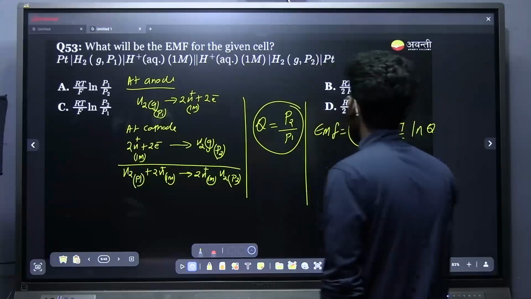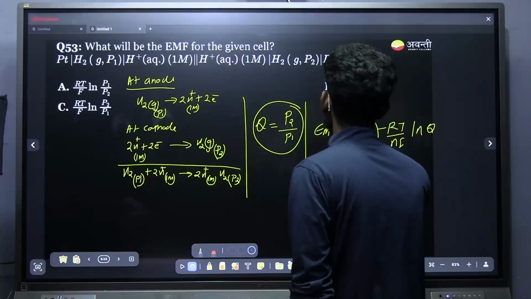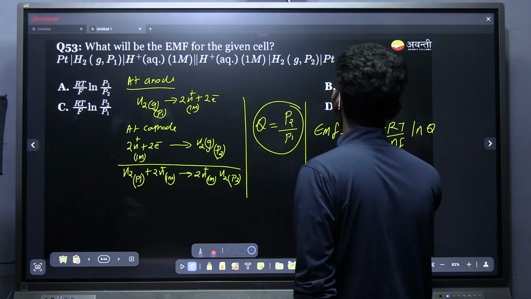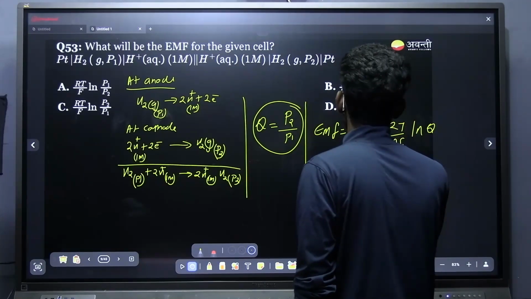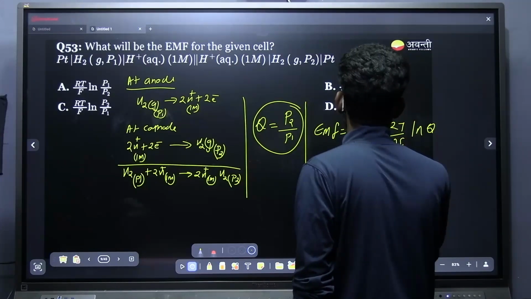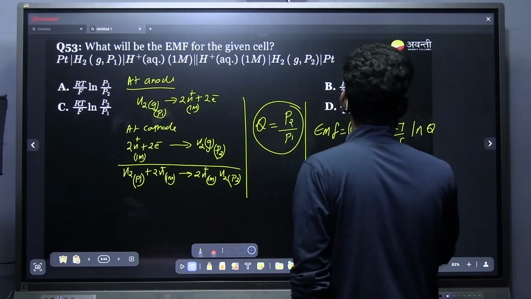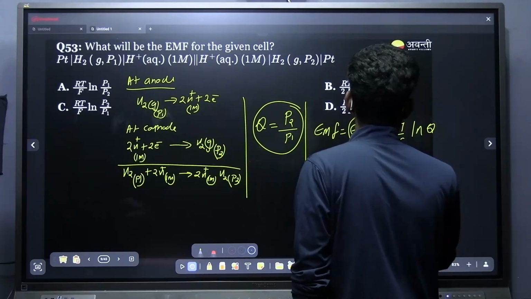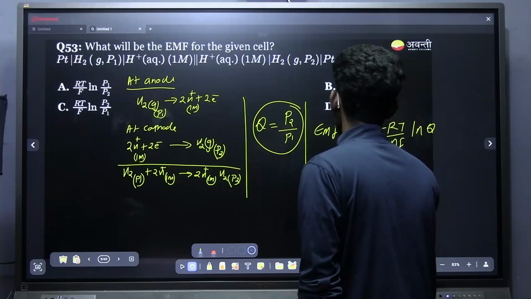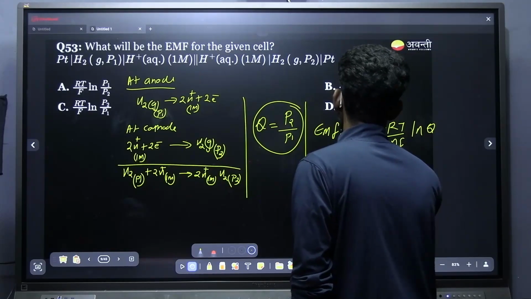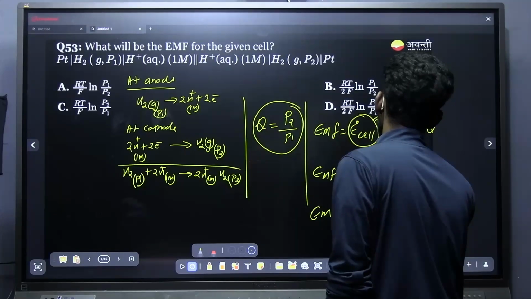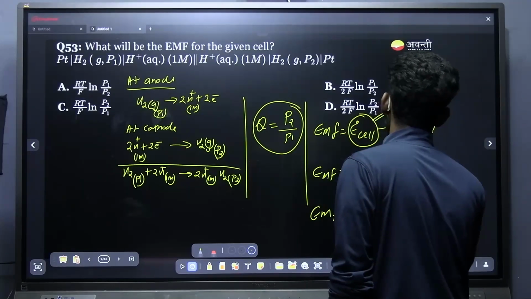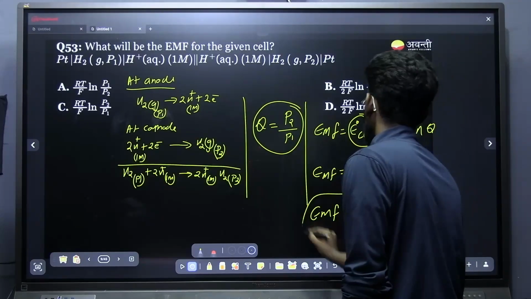Yes, very good. It is 0 only. So from this we got the EMF is equal to 0 minus RT by NF log P2 by P1, since Q value is P2 by P1. So removing the minus, I will be writing it as RT by NF log P1 by P2. So this is the correct answer.